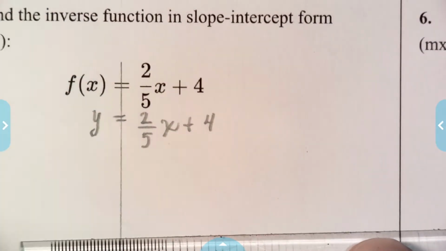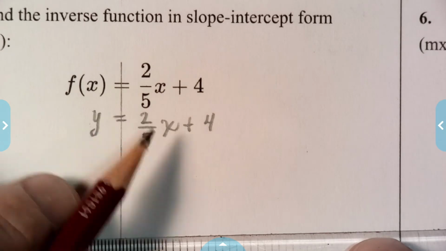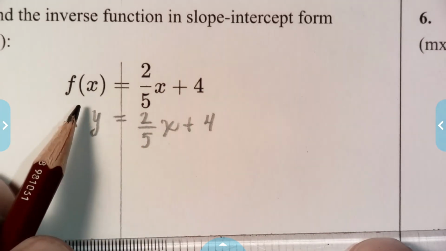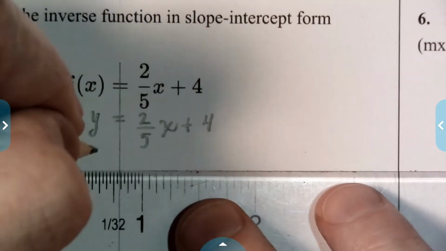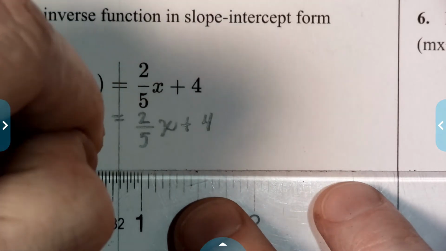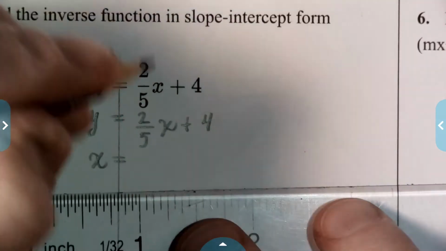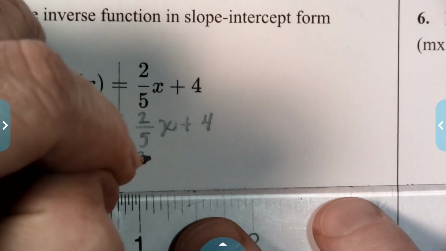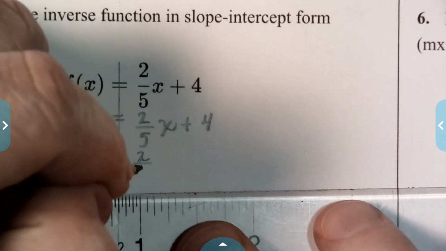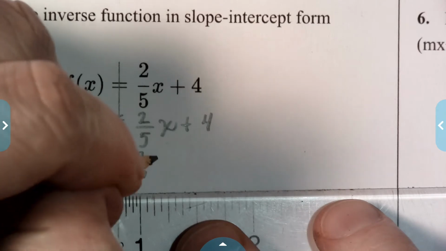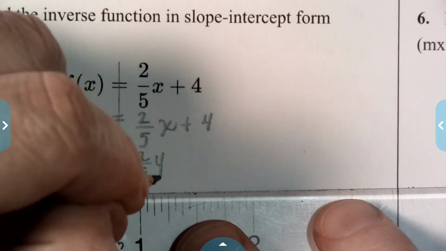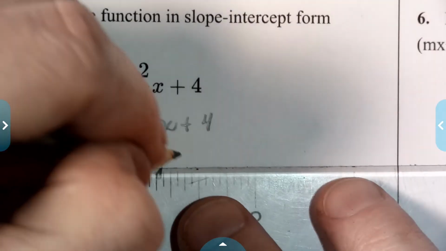Now remember, swap the x and the y and solve for y. So first we swap the x and the y, so x equals 2/5 y plus 4.